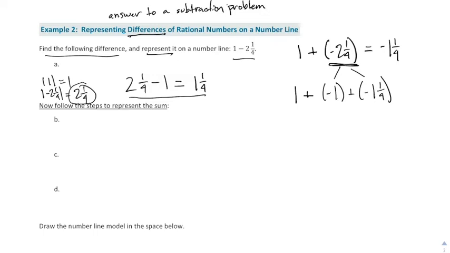And you can see that putting those back together, negative 1 plus negative 1 1/4 will equal negative 2 1/4. And knowing what we know about opposites, we can say 1 plus negative 1 is going to equal 0. So I'm left with negative 1 1/4.